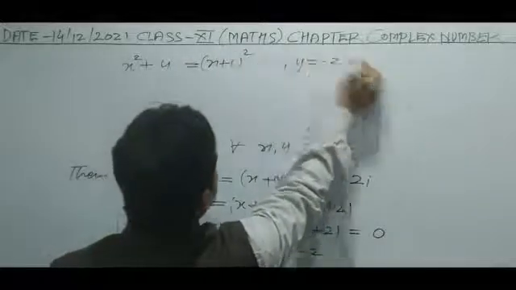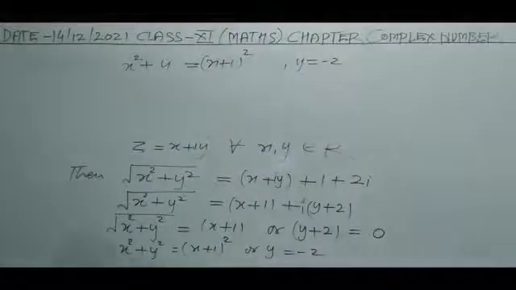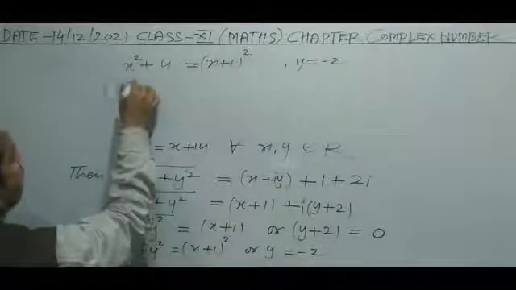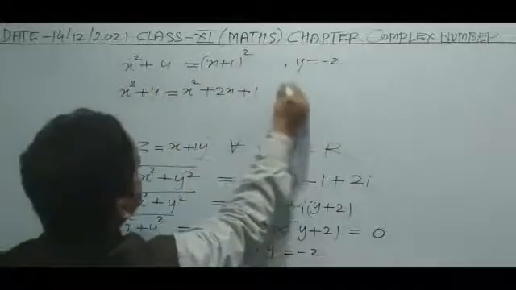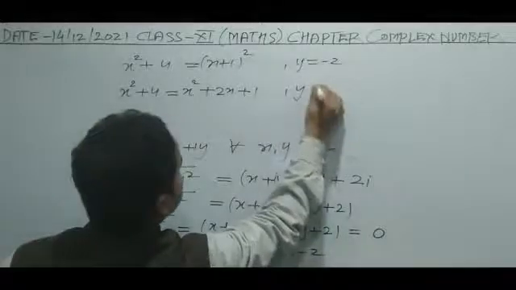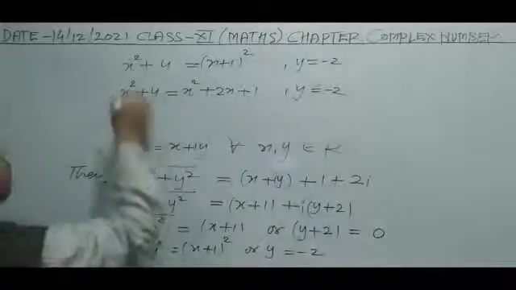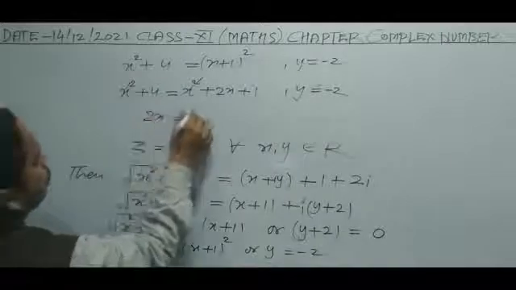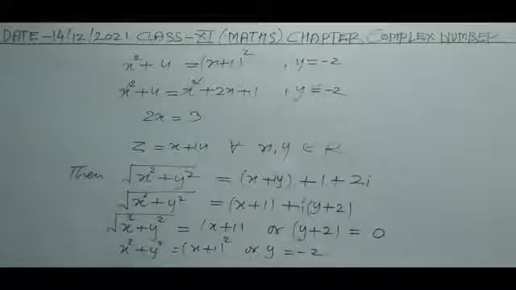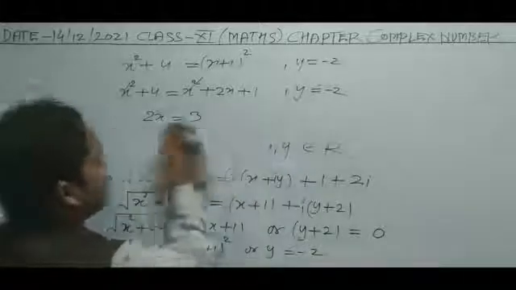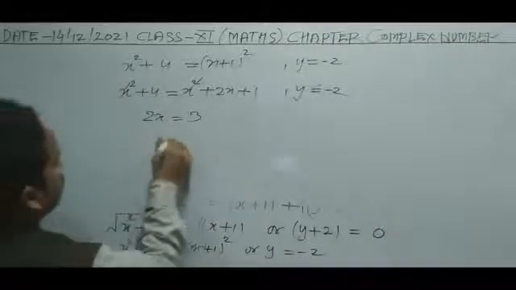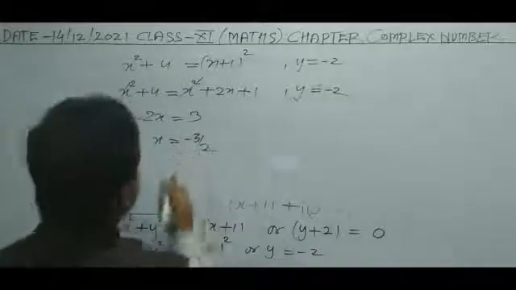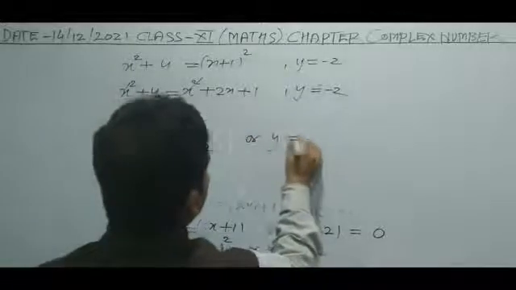So we have to solve this: x square plus 4 is equal to x square plus 2x plus 1, and y is equal to minus 2. This part will cancel, so 2x is equal to 3, and x is equal to 3 by 2, and y is minus 2.